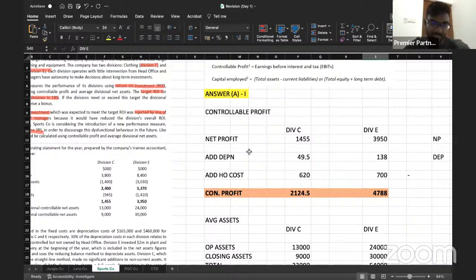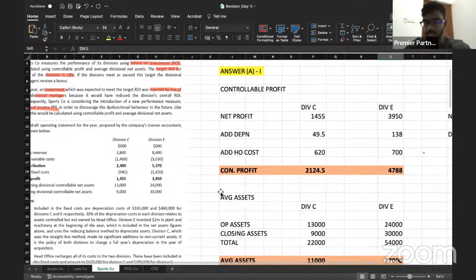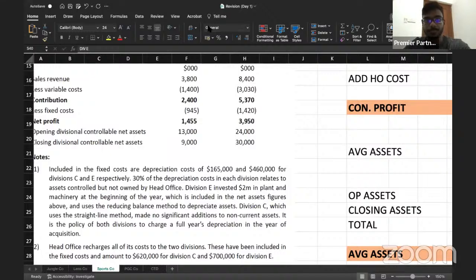Not that difficult. This is purely financial accounting, people. This depreciation thing is completely financial accounting. Are we clear? Any questions, people?